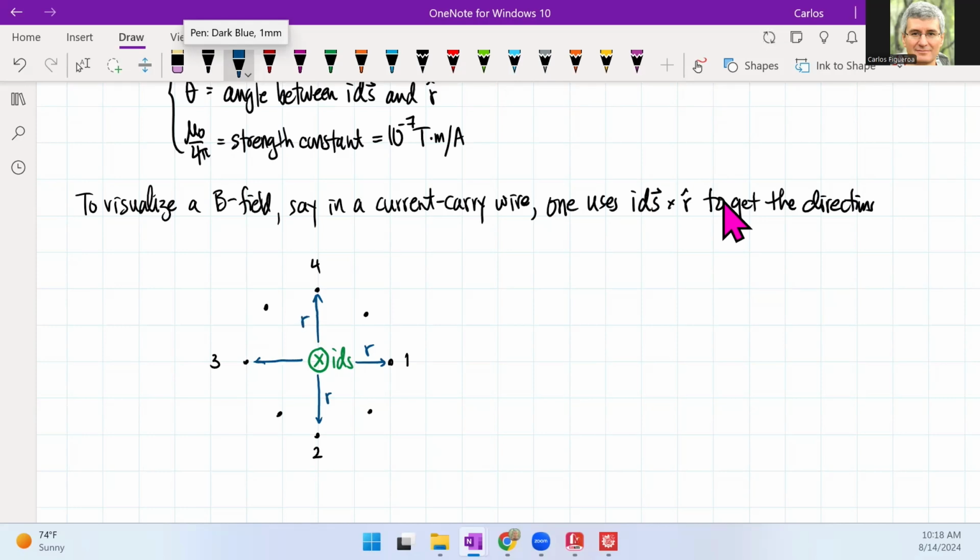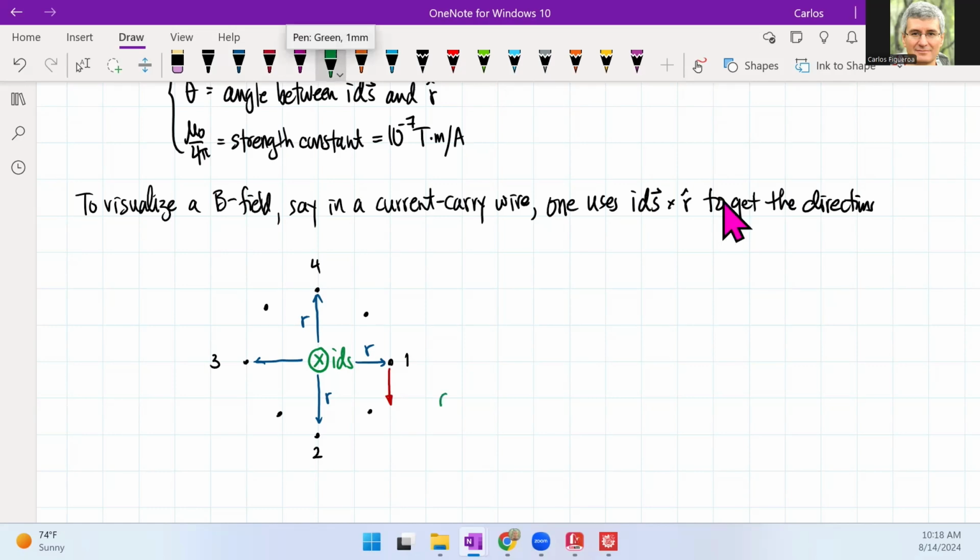So what does that tell me about the magnetic field? If I look at the magnetic field at point 1, using the right hand, I'm going to have I ds cross r. I'm going to get a magnetic field that then points downwards like this. Now remember, let's draw this one more time.